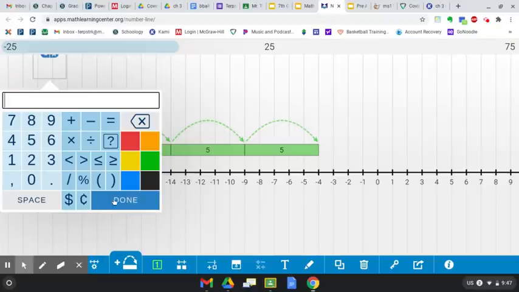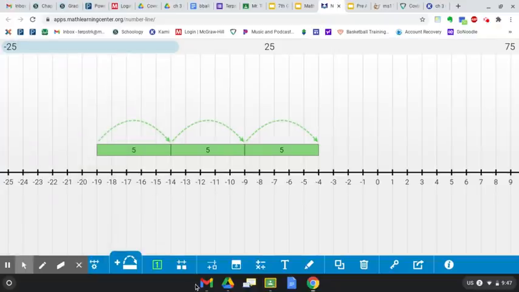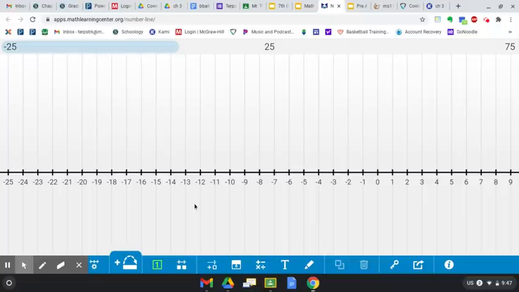And it has a calculator there. But for right now, we're just going to use it as a reference. So pause the video here, and you can take a minute and pull up that number line.